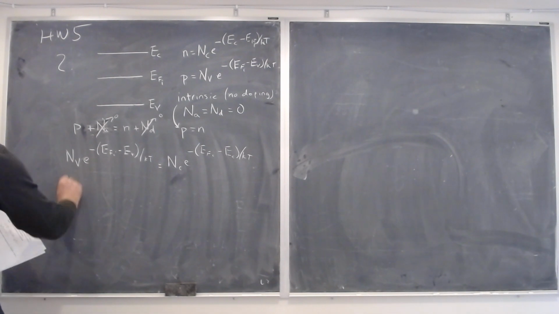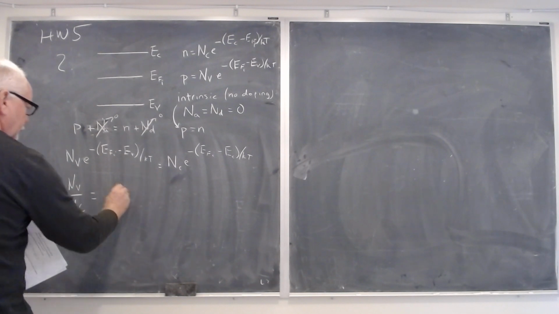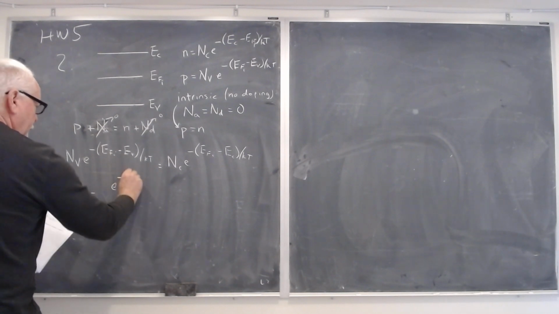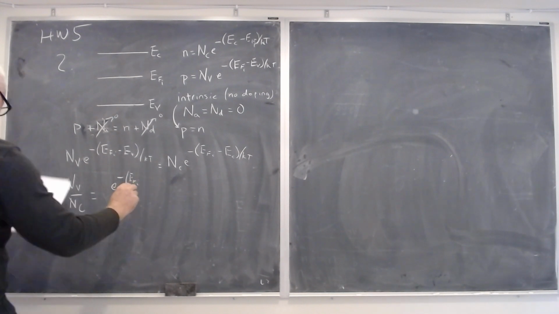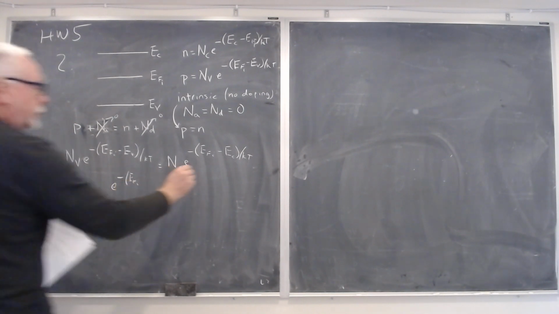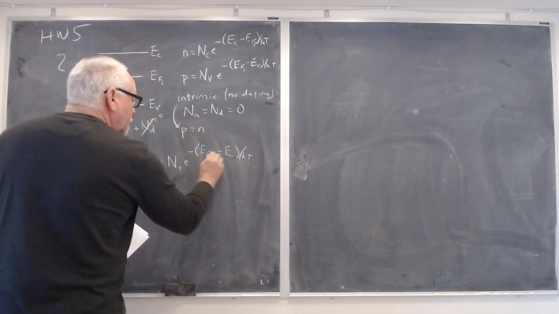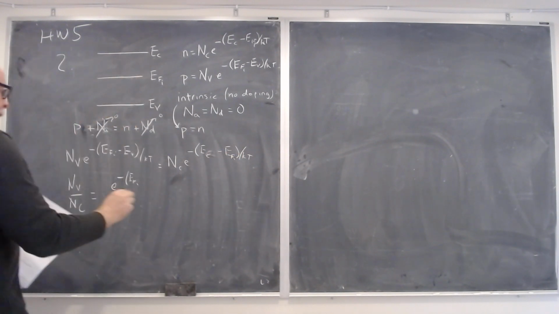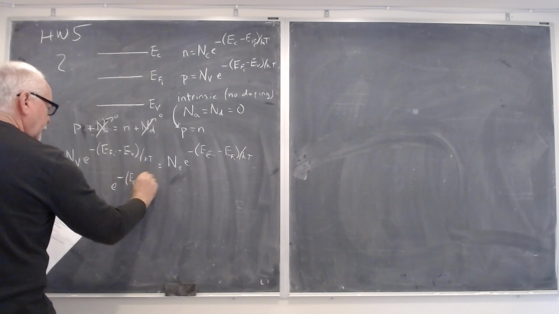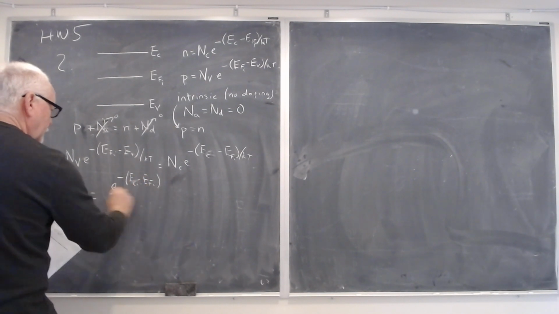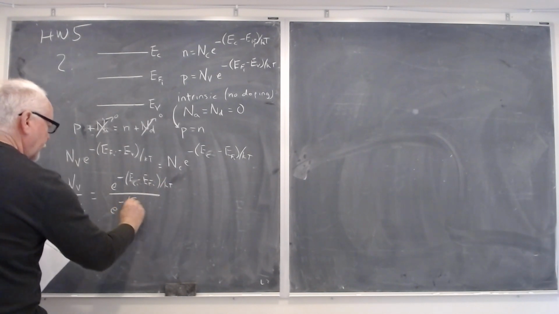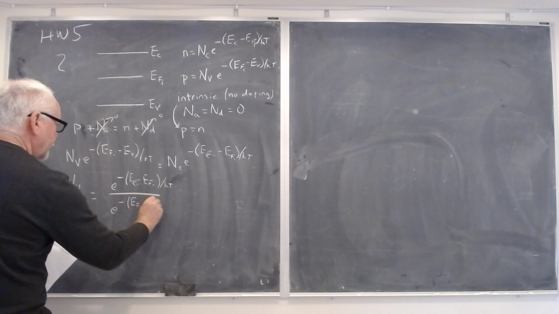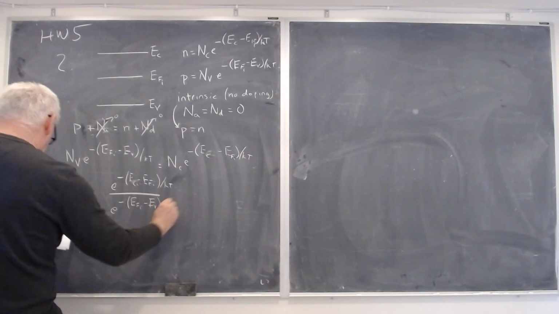So NV over NC is equal to e to the negative (EC minus EFi) over kT over e to the negative (EFi minus EV) over kT. I put that backwards, EC, sorry.